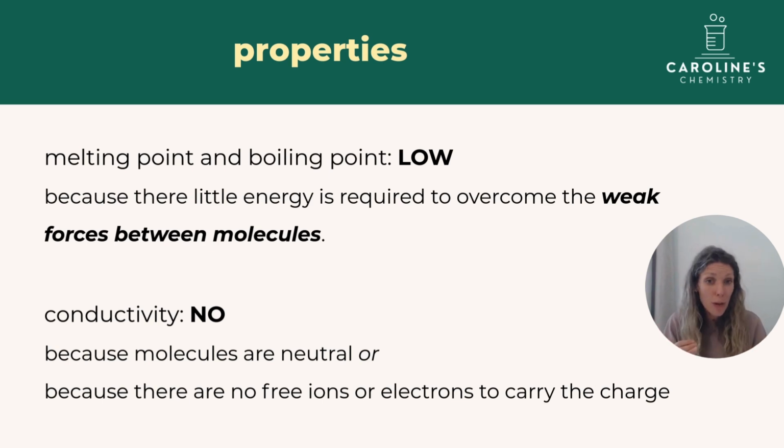Because you can't say, for example, because there are no free electrons to carry the charge. Because what about ions? We're saying we have something that can move and something that can carry a charge. The two charged particles generally in substances are ions and electrons that are free to move. So be careful with that one. If you are going to use it, it needs to be in its full form: no free ions or electrons to carry the charge.